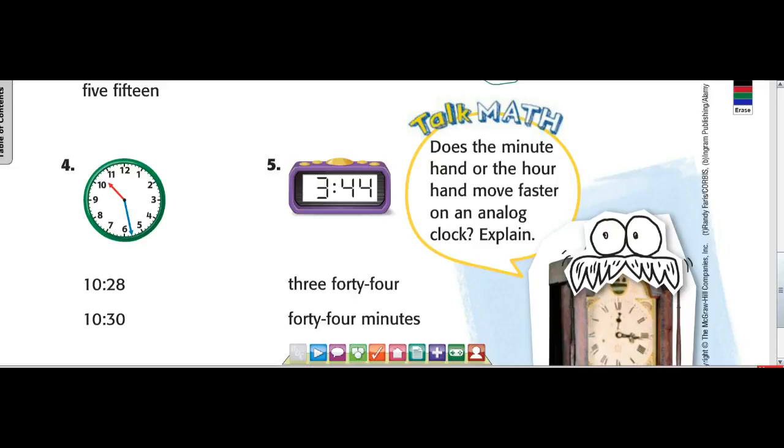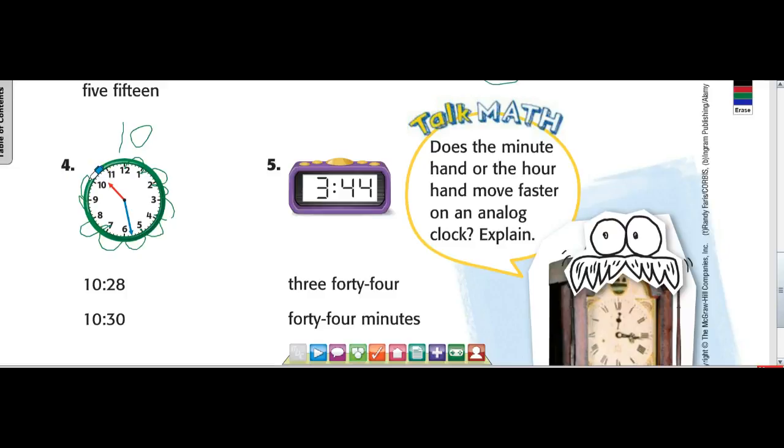So for number 4, the hour hand is between the 10 and the 11. So what time would that be? If it's between the 10 and the 11, it's still 10. Then I have to count: 5, 10, 15, 20, 25, 30, 35, 40, 45, 50, plus two more.